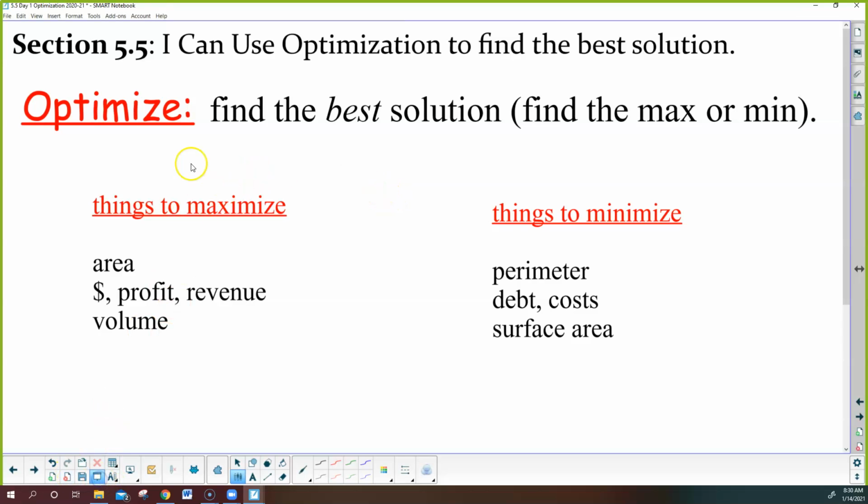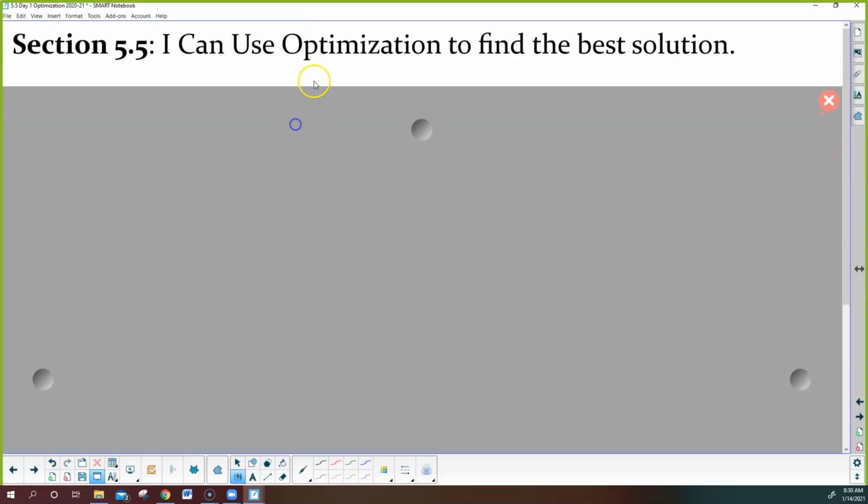Today, you don't have to write all of this, but we're going to look at section 5.5, which is called optimization. So all I want you to do is think about we're using the derivative again. That's what these questions are today.